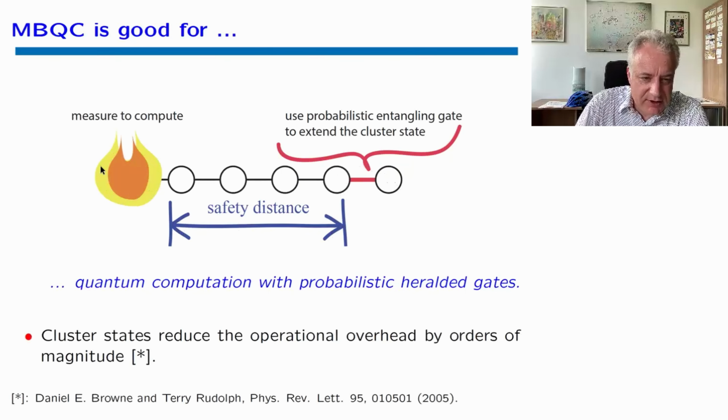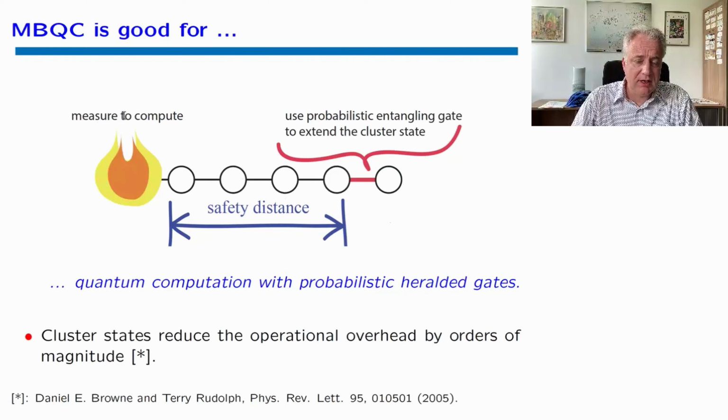That gives you an efficient way of quantum computation with heralded gates. A priori, heralded probabilistic gates are detrimental. The probabilistic nature is detrimental, but here you have a way of mitigating that effect.